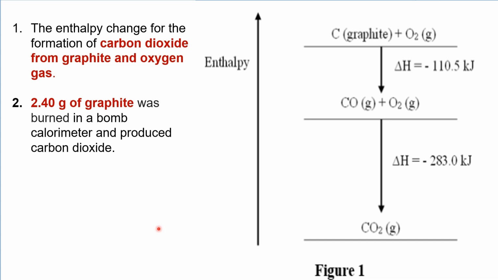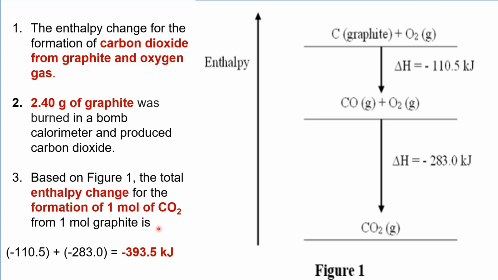there are 2.4 gram of graphite burned in the bomb calorimeter producing carbon dioxide. Based on the figure just now, the total enthalpy change for the formation of 1 mole carbon dioxide from 1 mole graphite is equal to negative 110.5 plus negative 283.0, which is equal to negative 393.5 kilojoule.